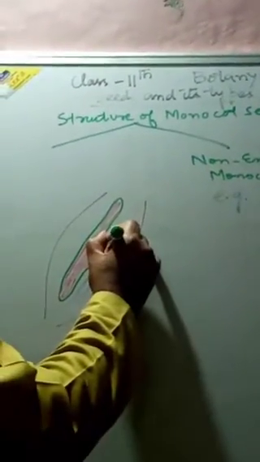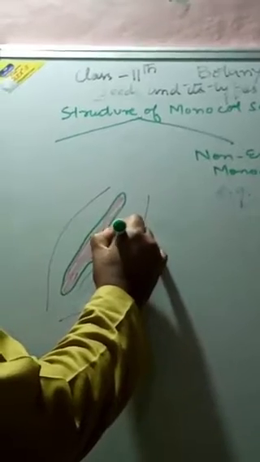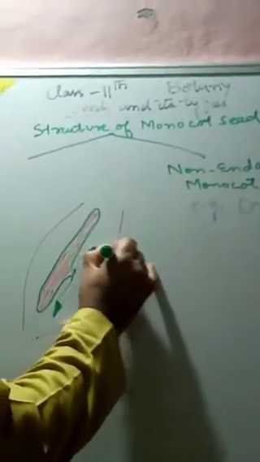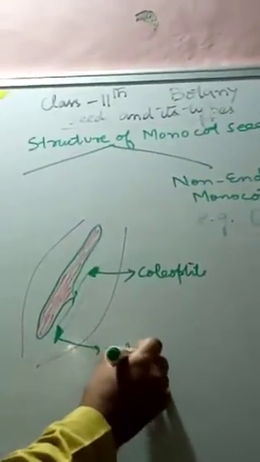Again, the tip of the embryonic axis, on the plumule side and the radicle side, is covered by a protective sheet, called the coleoptile on the plumule side, and the coleorhiza.